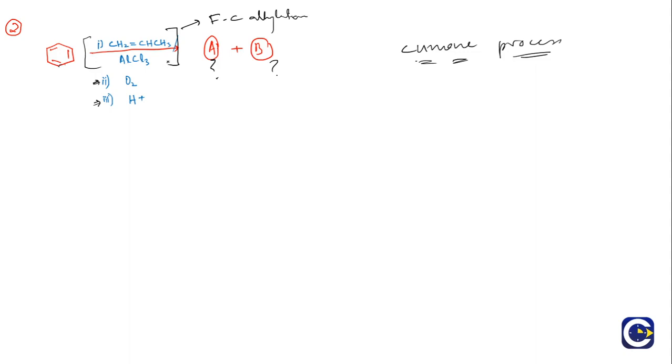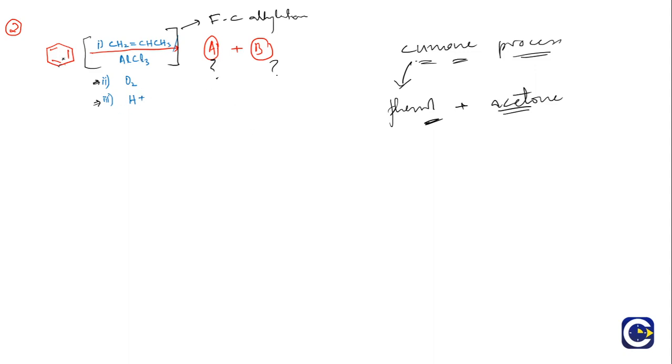And in the cumene process we get two products. One product is phenol, this is the main product, and in addition to this we also get acetone as a byproduct of the reaction. So these are the two products.